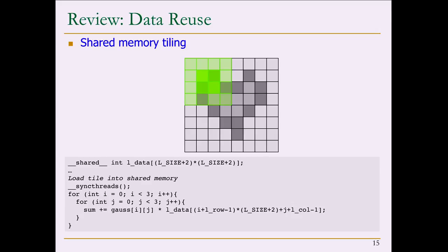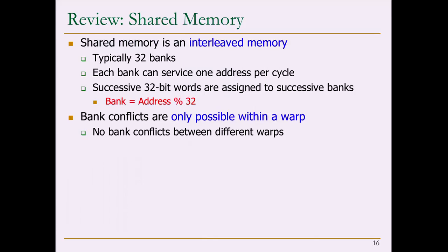Just to give you some raw numbers, for example, a typical shared memory access takes around 32 cycles, while typical global memory accesses take between 600 and 800 cycles. So that's a very important difference. But remember that even though the shared memory is very nice, because we can accelerate our computation a lot, we still have to take care of the fact that it's an interleaved memory.